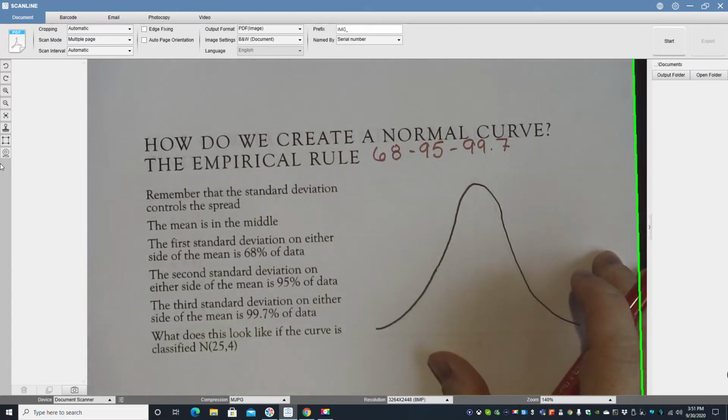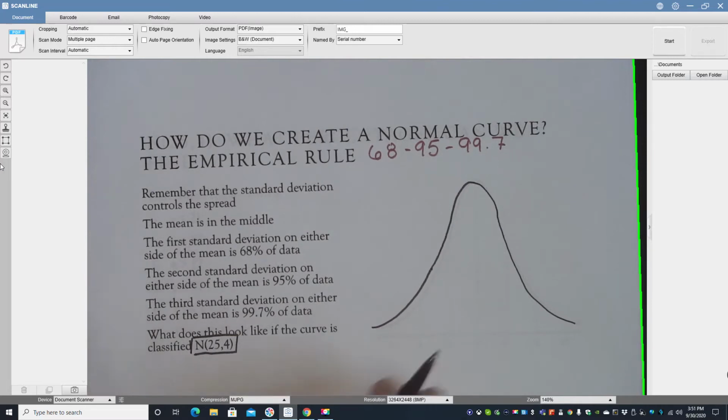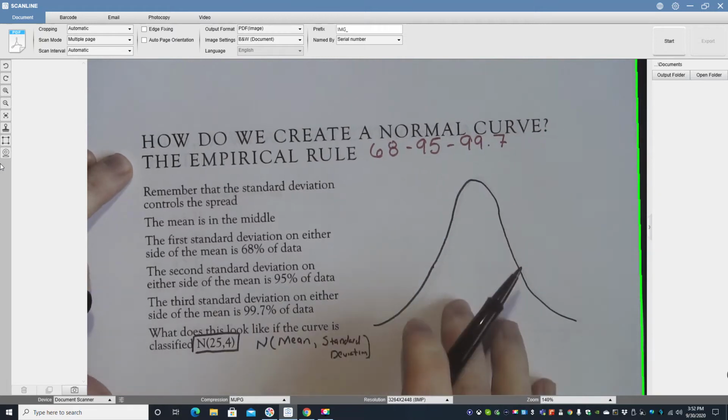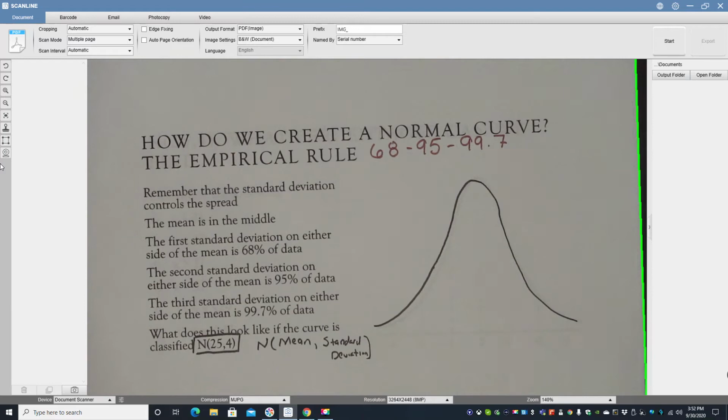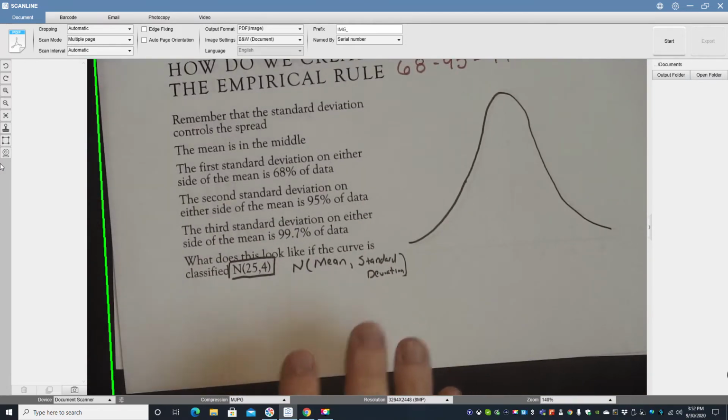68, 95, 99.7 rule. And the reason why this is good is this. Let's say that we have a curve that is N(25, 4). N(25, 4) means this: you have N, mean, then standard deviation. So right now, we have a mean of 25 and a standard deviation of 4.